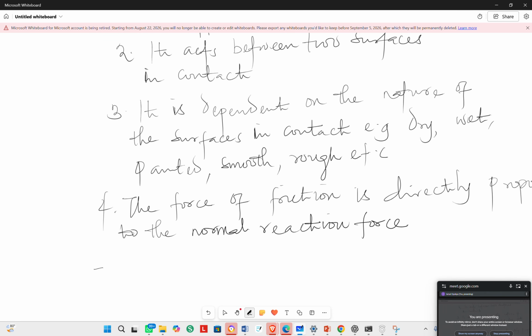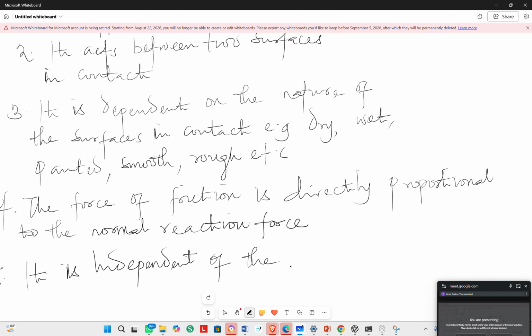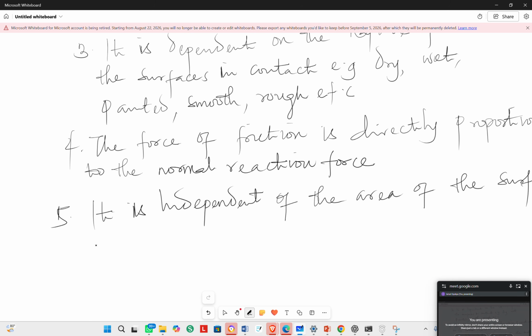And then the fifth one is that it is independent of the area of the surfaces in contact.